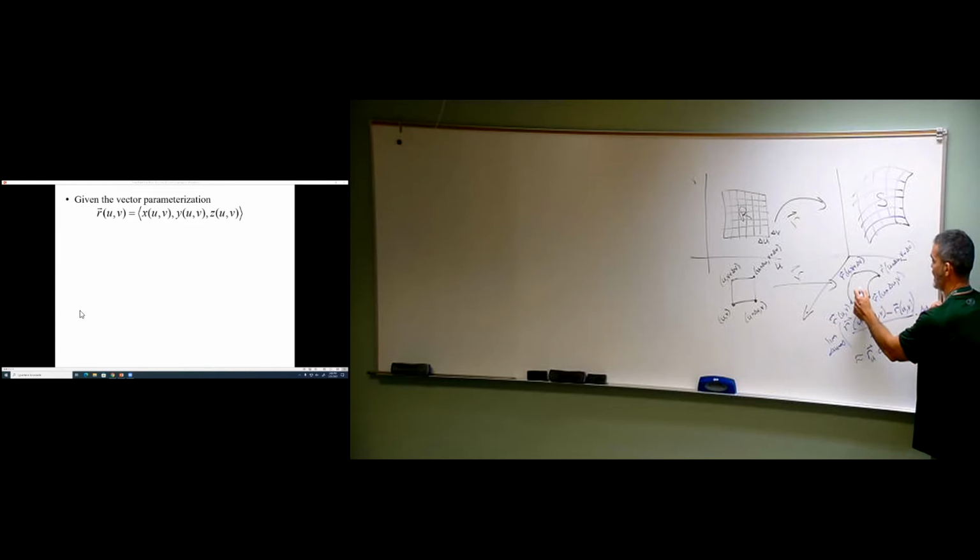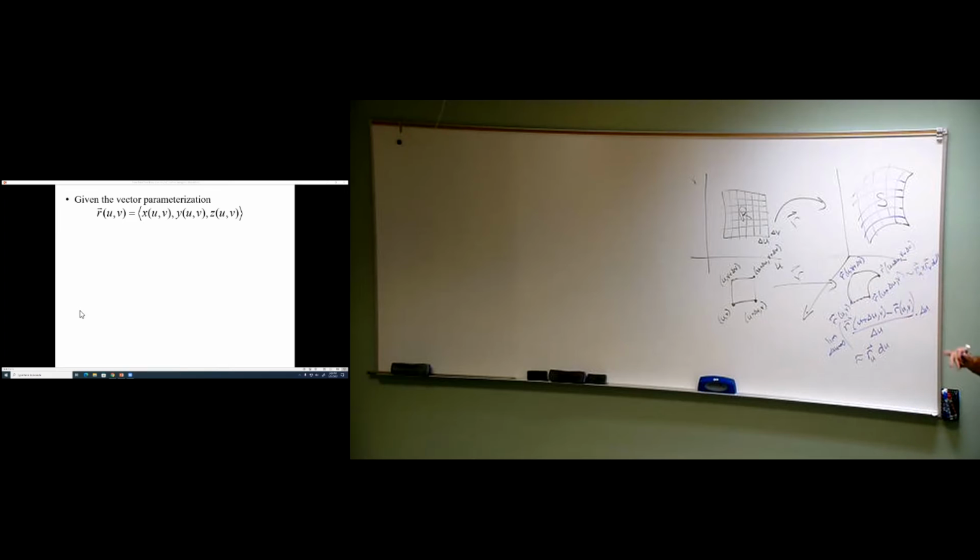So the area of this guy is going to be approximated by r_u cross r_v, and then du dv. That's just for this one guy, and we're going to take the magnitude of that, because the magnitude is the area. We don't want a vector.